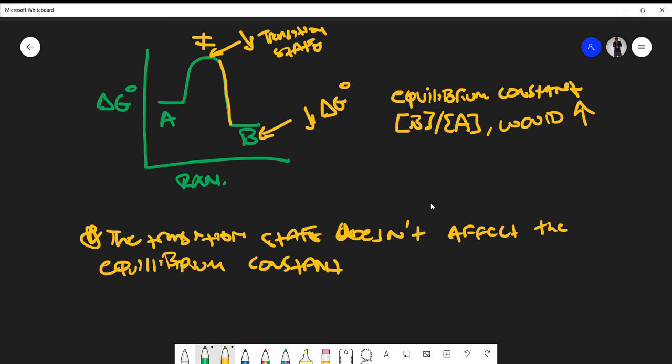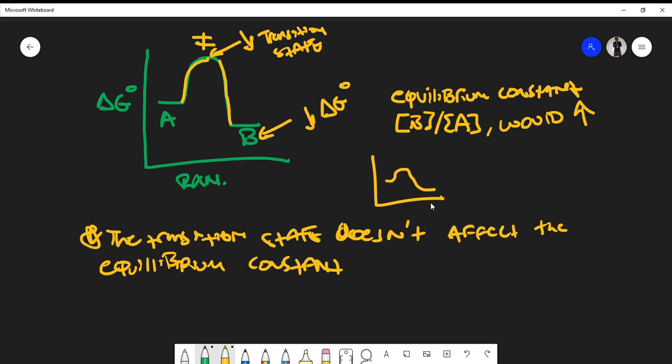Rather, the transition state is actually related to the overall rate of the reaction. So the rate of the reaction and equilibrium constants are two different things. Now, if you lower the transition state, the overall rate of the reaction would increase. In other words, the slope would actually be lower, right? So instead of looking at the graph at the top, we may see something like that, where the slope is a little bit lower. And so the reaction will easily progress to the products.